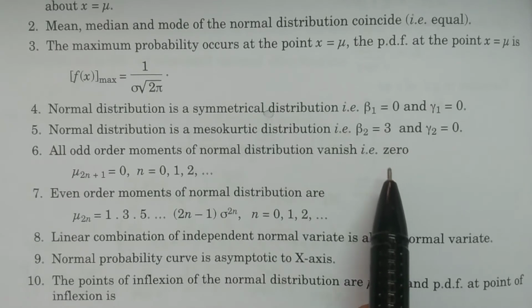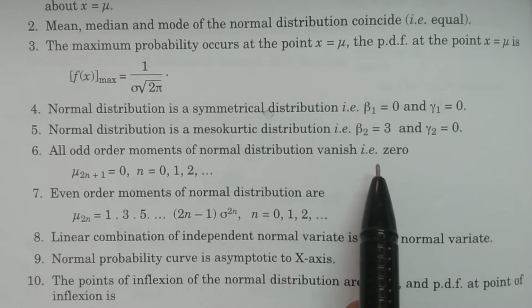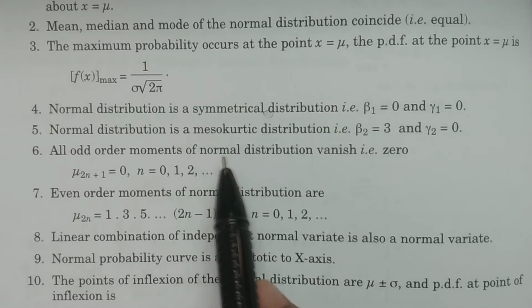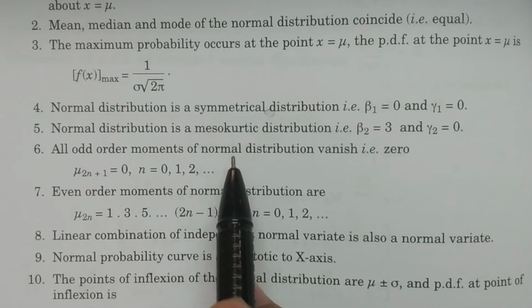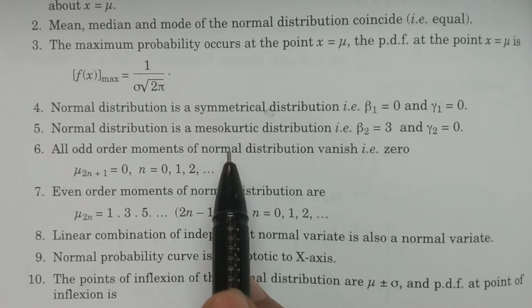It is also named normal. So the distribution is named mesokurtic or normal. That is the fifth property.